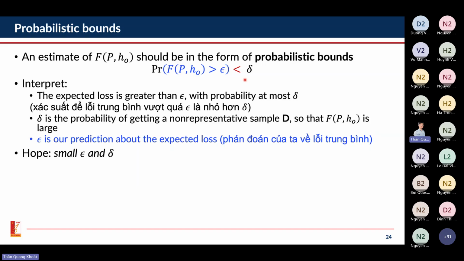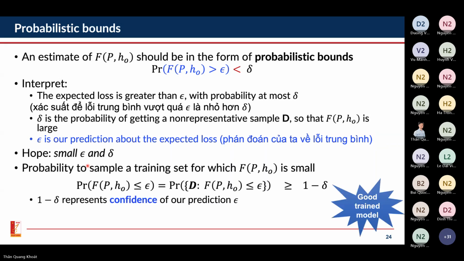So that's why in practice, we often try to find these quantities, and we hope that they should be small. Otherwise, our model can be bad, right? By this way, we can write this fact in another way.